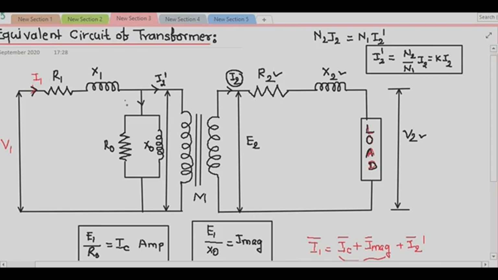The first is I0, which flows through the shunt branch, introduced in the circuit to take into account the no load current I0 of the actual transformer. That's why I have included the shunt circuit consisting of R0 and X0. So, the two components are I2 dash and I0.